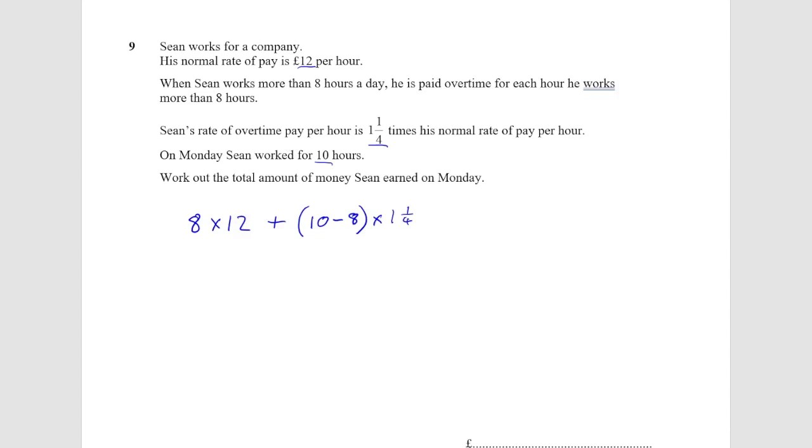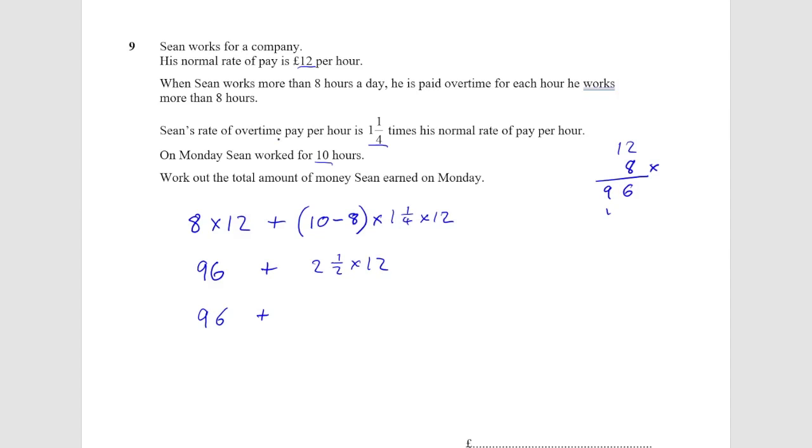So 8 times by 12, again, you can use a little bit of column multiplication if you need to. 8 times 2 is 16. 8 times 1 is 8, plus the other one is 9. So that's going to be 96. Plus 2 lots of 1 1/4. I missed off my times by 12 here actually. 2 lots of 1 1/4 is going to be 2 1/2, and then 2 1/2 times by 12. 2 times 12 is 24, and a half of that would be 6.